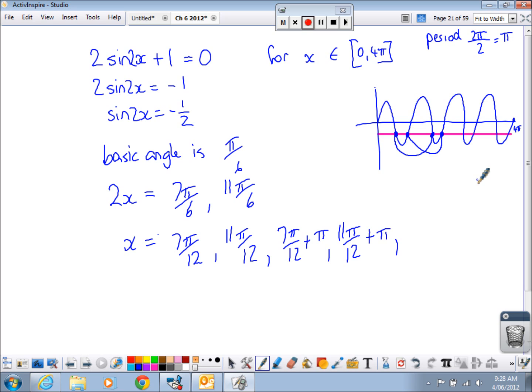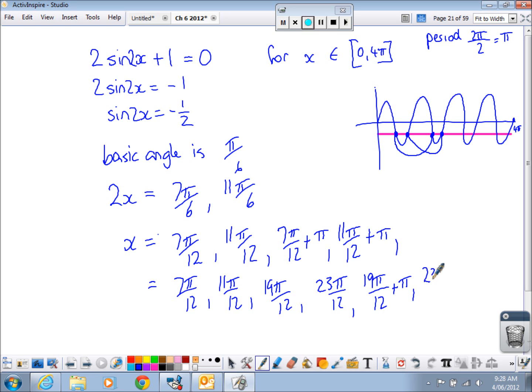So I might just tidy those up first. So we've got 7 plus 12 and 11 plus 12. Now we need to keep adding because we've got 4 more, so we need to add the period to each of those two solutions. So 19 pi on 12 plus pi and 23 pi on 12.